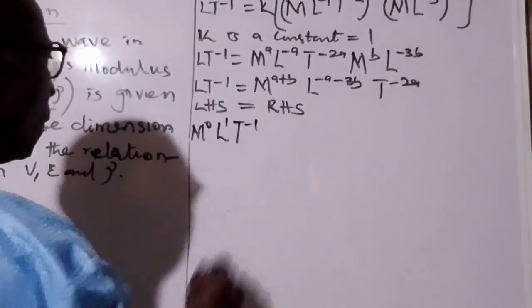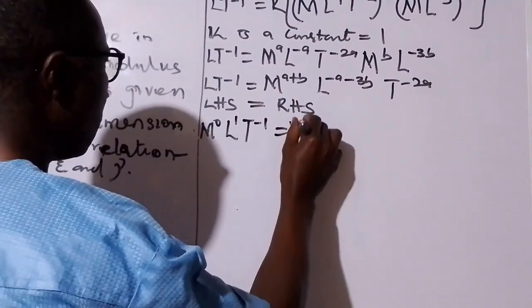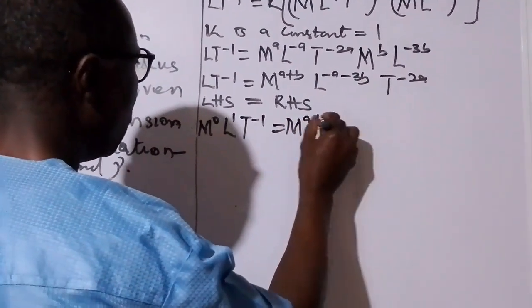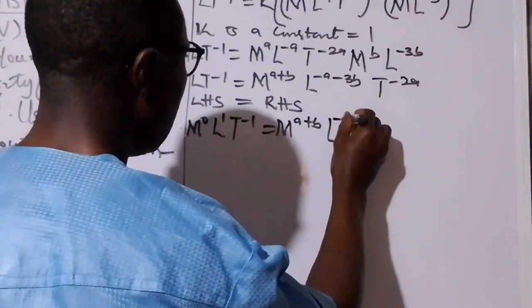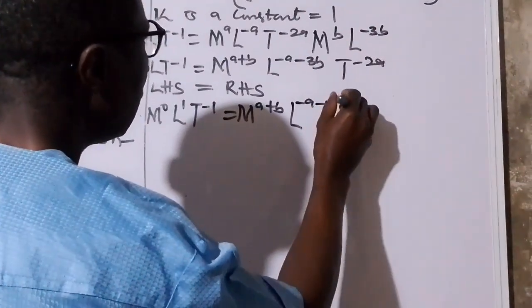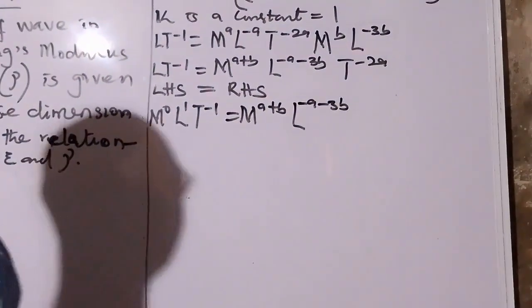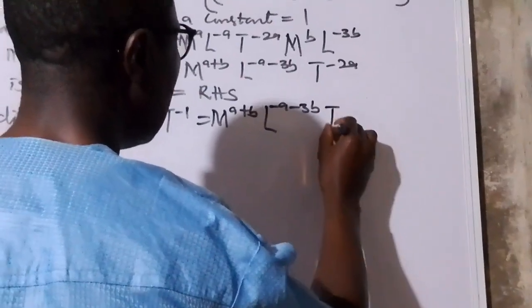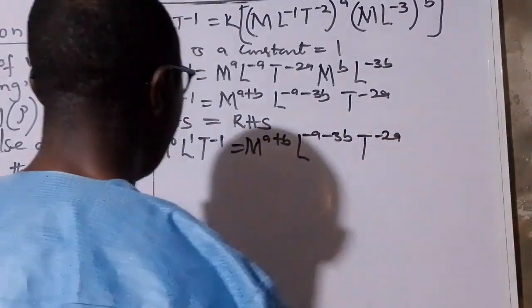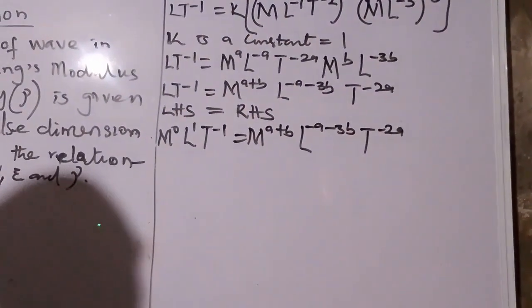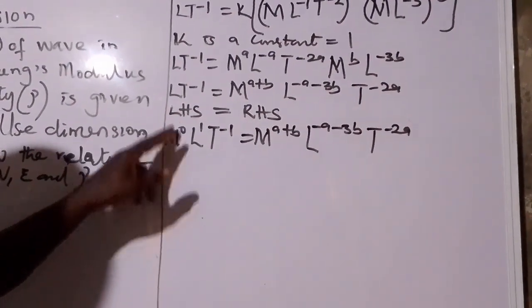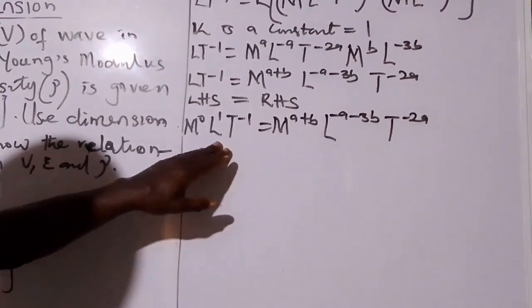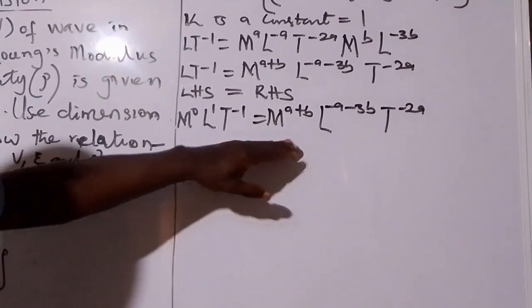So from there it will be equal to M raised to power A plus B, L raised to power minus A minus 3B, then T raised to power minus 2A. Don't forget, anything raised to power 0 is what? 1. So we still retain our LT here, but just to comply with the rule.